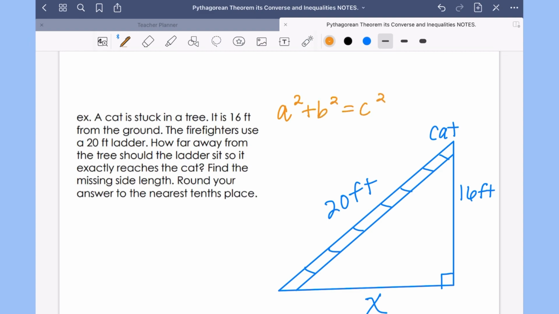Okay? Across from the 90, that's C. This could be A and B. Okay? Go ahead and try to do it on your own, and then check your work. Okay? This one should be a pretty answer.